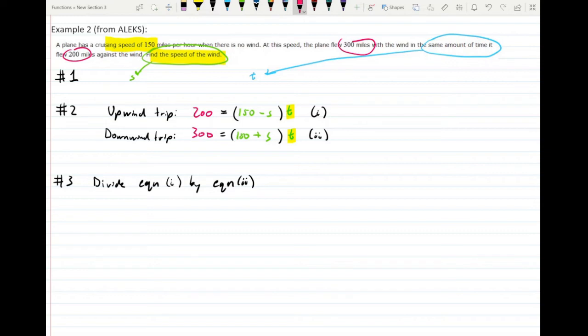And that'll give us 200 divided by 300 is equal to 150 minus s times t all over 150 plus s times t. The t's cancel out, and we're left with 150 minus s all over 150 plus s.